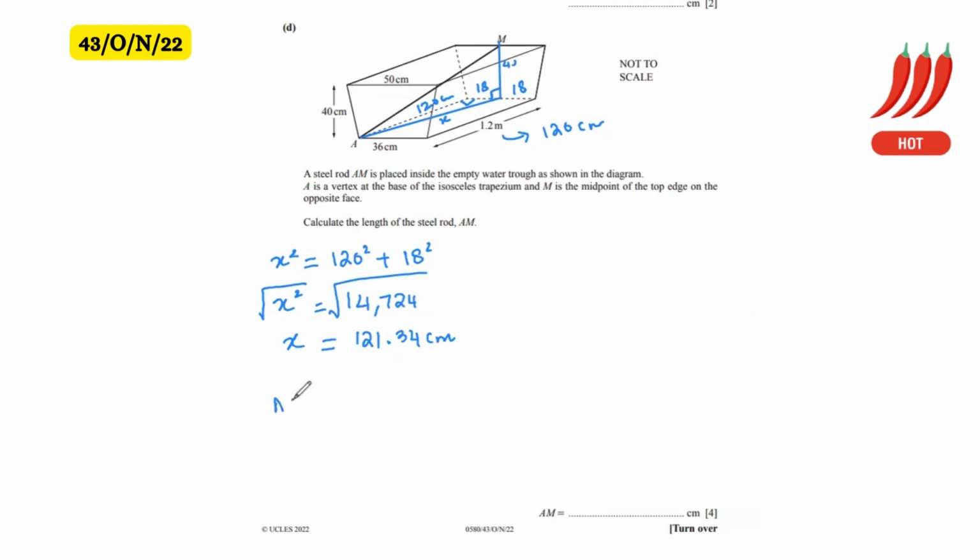So now using the top triangle, which is also a right angle triangle, I'm going to find the hypotenuse. So AM squared is equal to 121.34 squared plus 40 squared. So 121.34 squared plus 40 squared is 16,323.39.